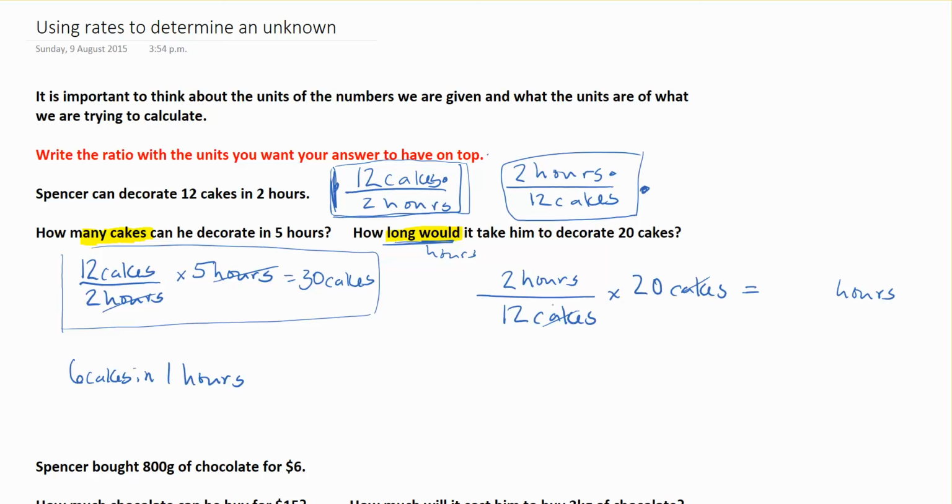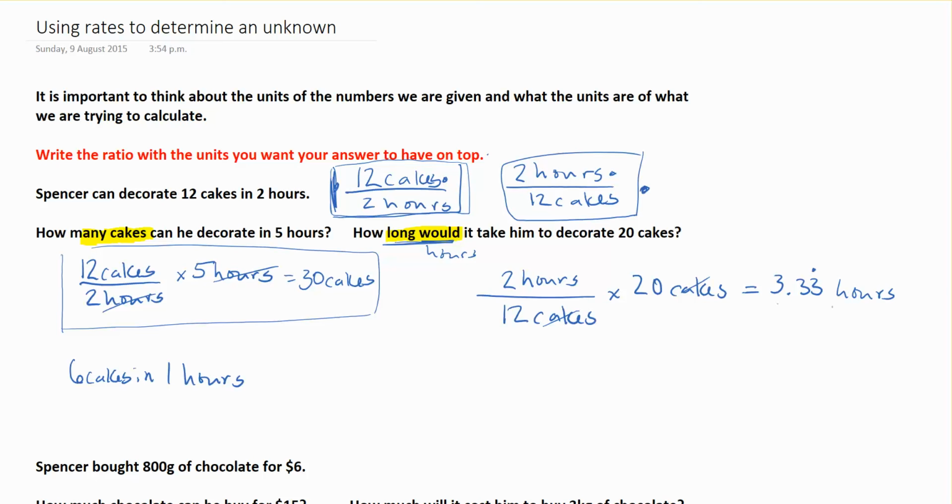So, if we have 2 divided by 12 times 20, we get 3.33 repeating hours.